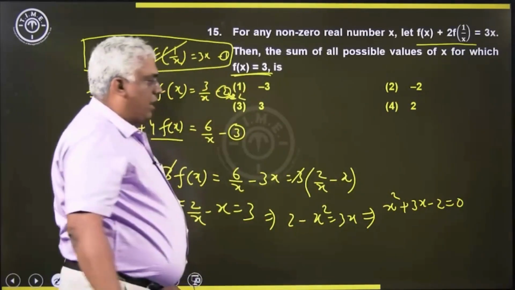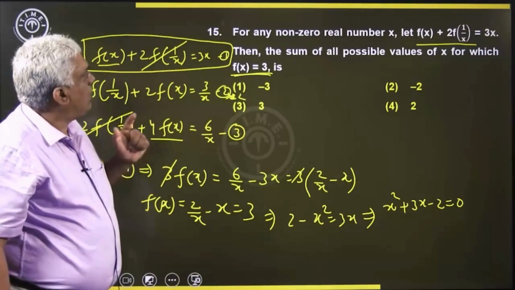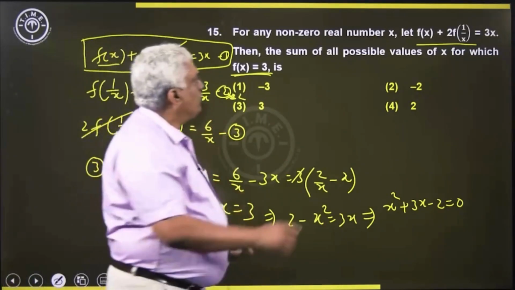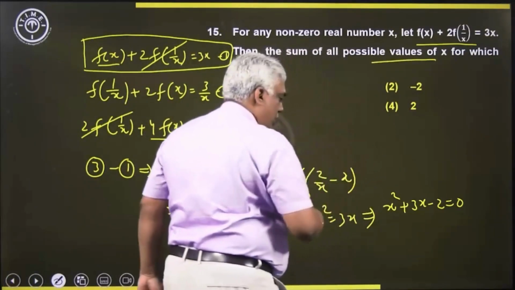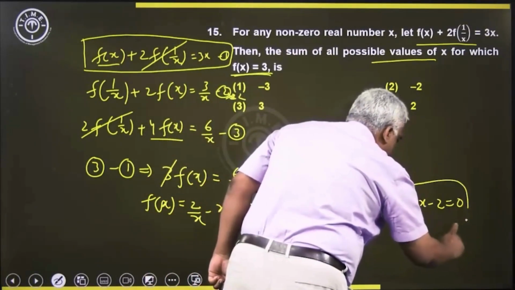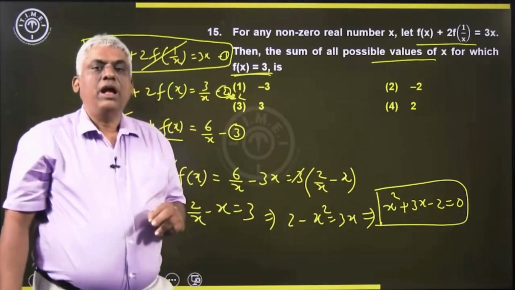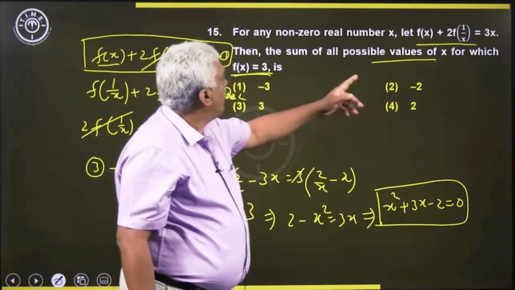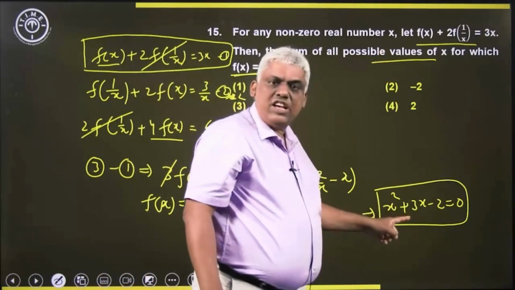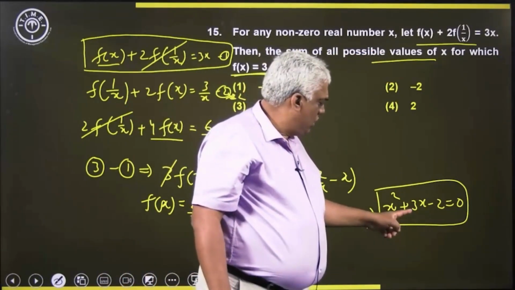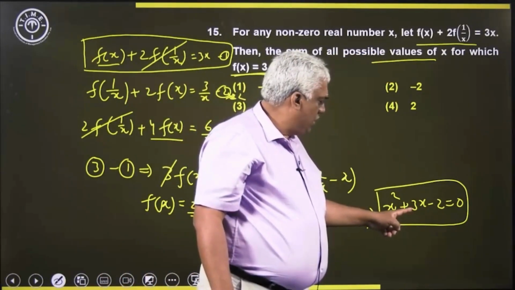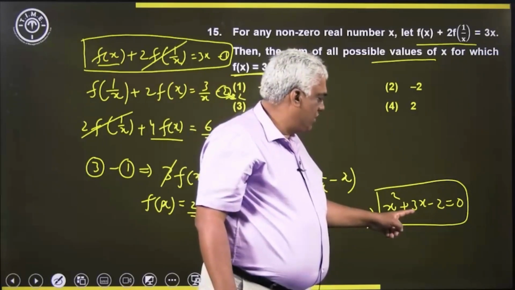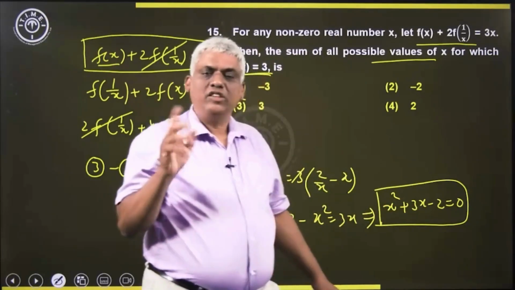Now, the question asks the sum of all possible values of x. This is a quadratic equation, and it will give us 2 values of x. They are asking the sum of all possible values of x, and x is a real number. Let us check the discriminant, b square minus 4ac. b square is 9 plus 8, that is 17, which is positive.